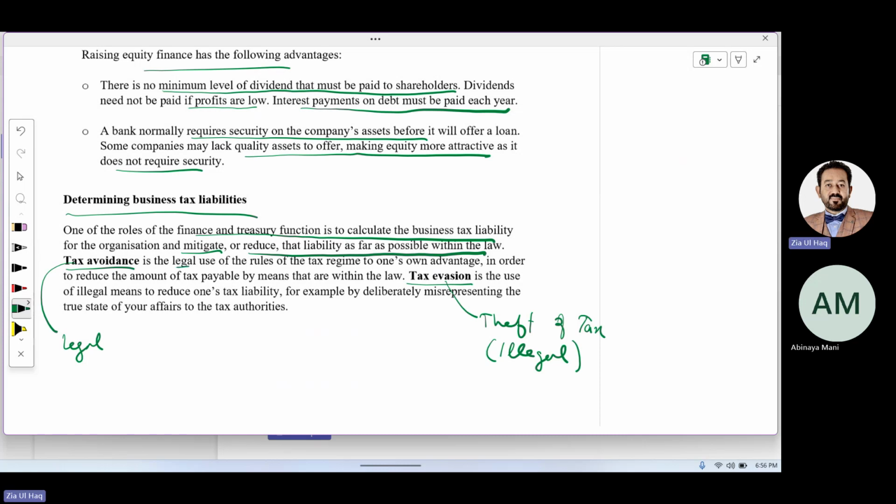Tax avoidance is the legal use of the rules of the tax regime and laws to one's own advantage in order to reduce the amount of tax payable by means that are within the law. While tax evasion, theft, is the use of illegal means to reduce one's tax liability, for example, by deliberately misrepresenting the true state of your affairs to the tax authorities.